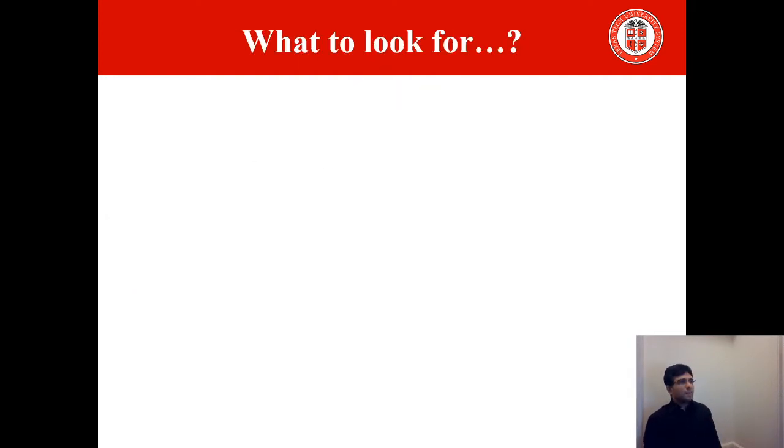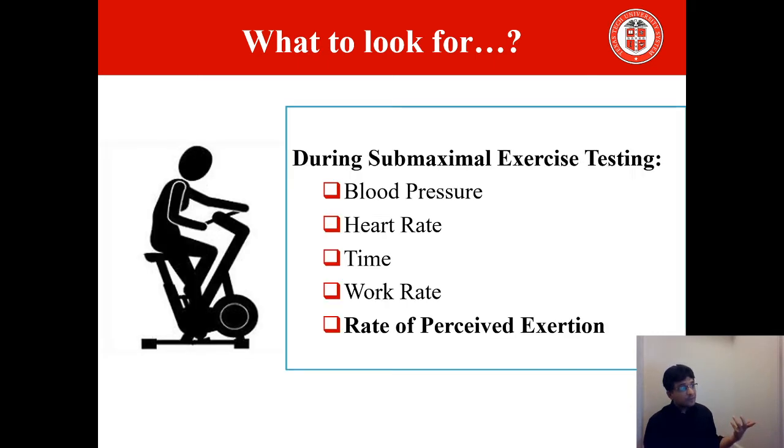Great. So what we are looking at in this test, I've already talked about. A quick revision: we can get blood pressure, I've already talked about that. We can get heart rate using the radial pulse, as always. We can also calculate time, the time through which a person can continue doing this exercise, and we can also talk about the work rate, that is, in how much time the person is able to achieve a certain amount of power.